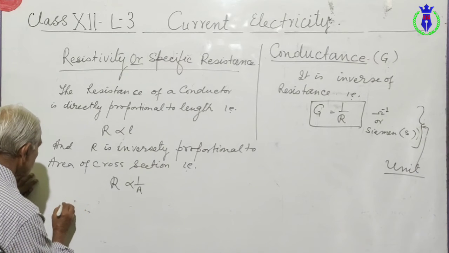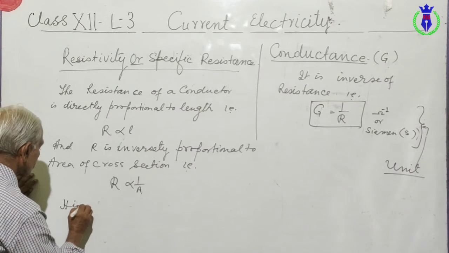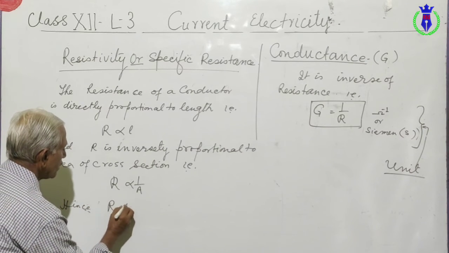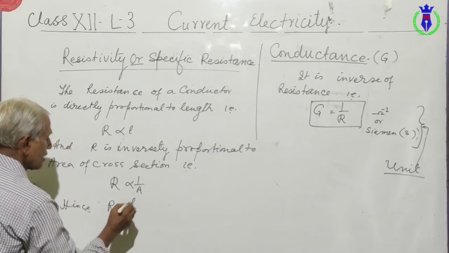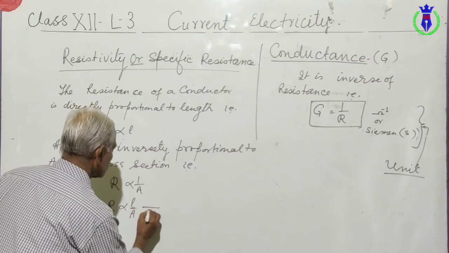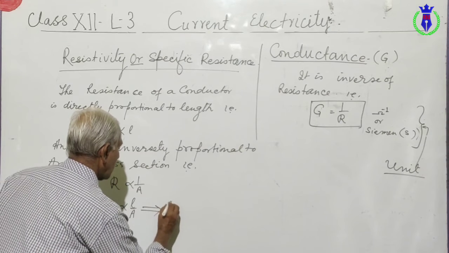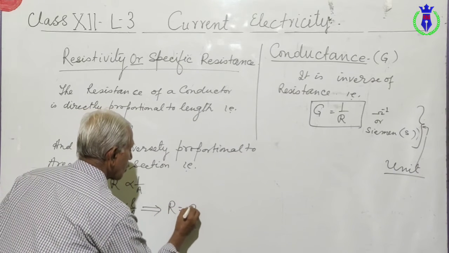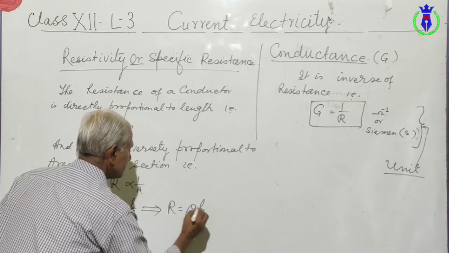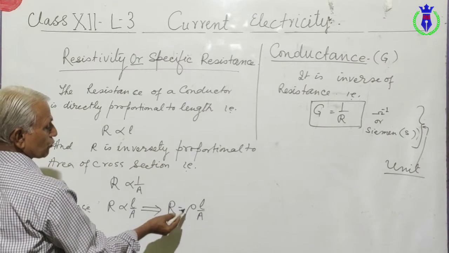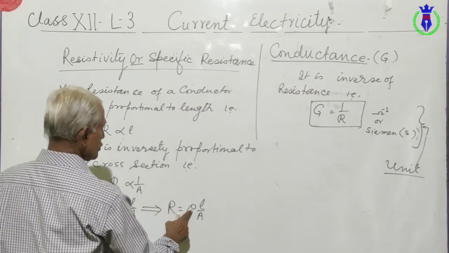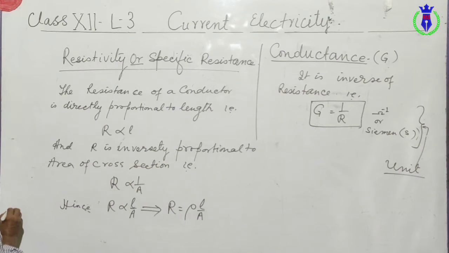Hence we can write, R is proportional to L upon A, or R is equal to rho L upon A. This is rho.